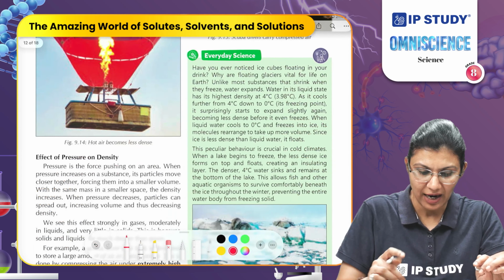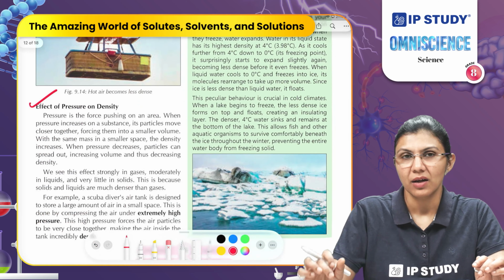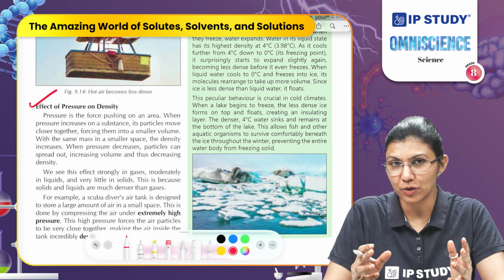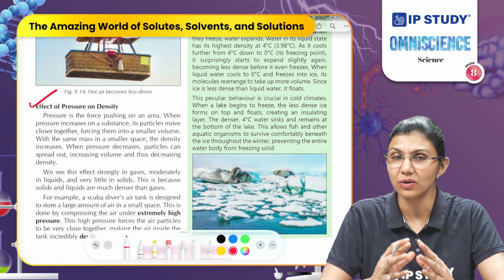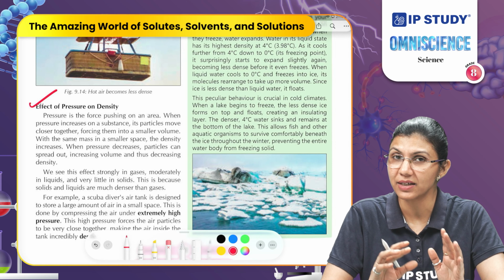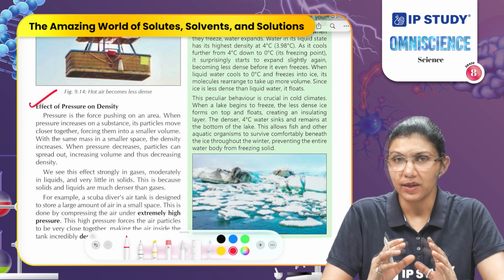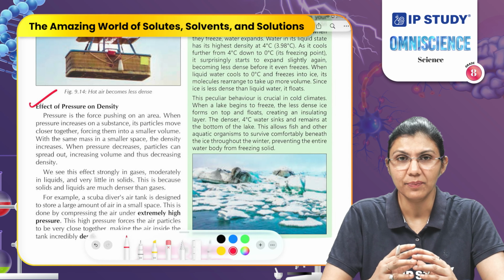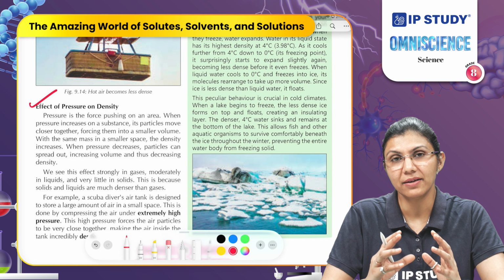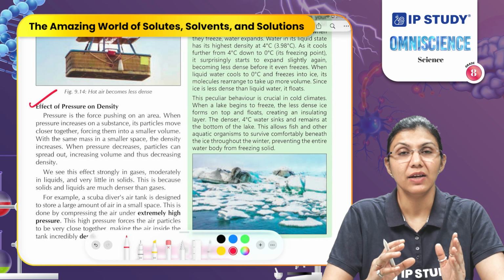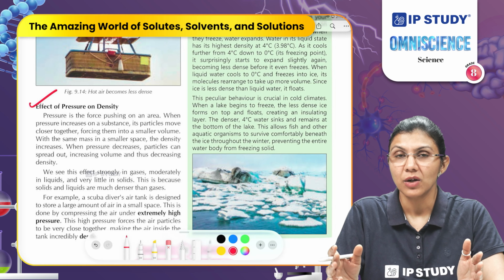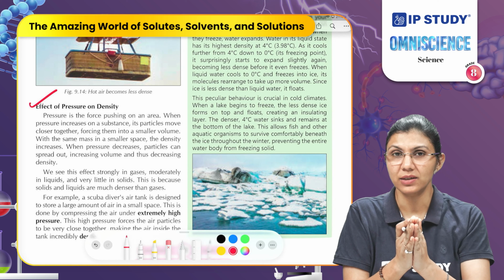Next is the effect of pressure on density. We know gaseous particles are sparsely distributed, and in liquids also some interparticle space is available. But we have already studied that we cannot compress a liquid by applying pressure, though there is slight interparticle space available. If we compare this space with gaseous particles, it is quite huge, so we can bring the particles closer easily.